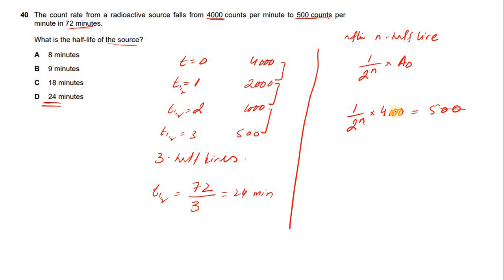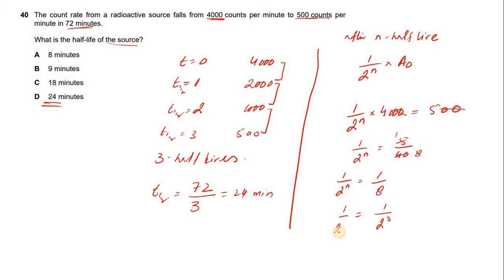Two zeros gone. So 1 upon 2 to the power n is equal to 5 upon 40, which is 5 ones are 5, 5 eights are 40. So 1 upon 8. And 1 upon 8 can be written as 1 upon 2 to the power 3.